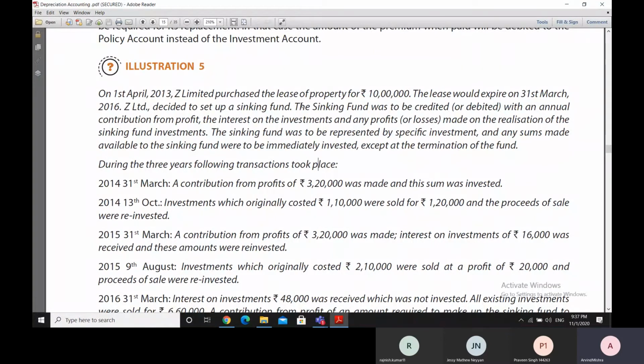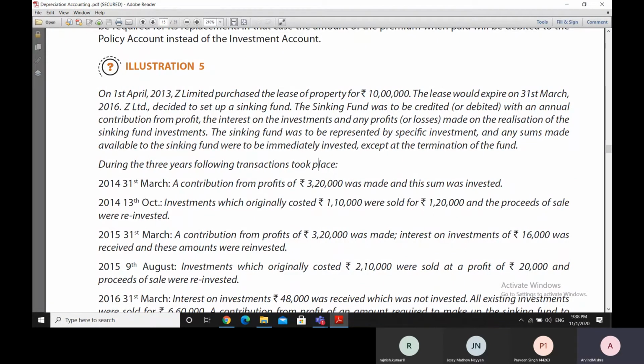So what we can say here is the sinking fund would be credited with the annual contribution from the profit being made by the company. There will be an annual contribution amount coming from the profit. In other words, a depreciation amount.